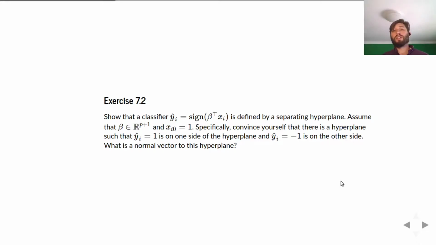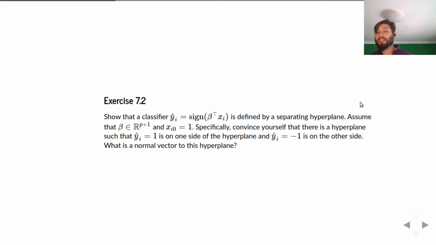Okay, so as an exercise, I want you to show or convince yourself that a classifier defined by y hat equals the sign of beta transpose x_i is defined by a separating hyperplane. We can assume that there's an intercept absorbed into this by setting x_i0 equal to 1.